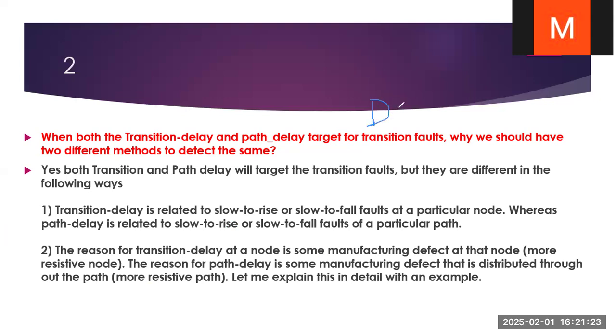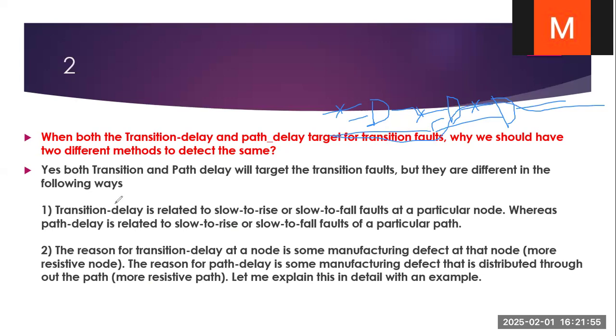Suppose this is the logic. Let us assume some logic is here. So transition delay is related to a particular node, and path delay is related to the entire path.